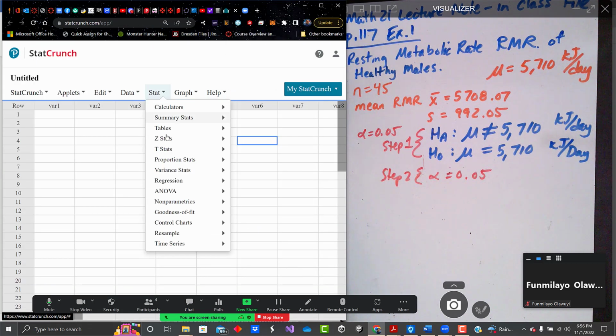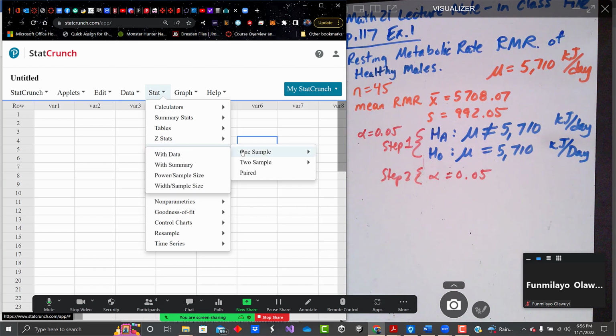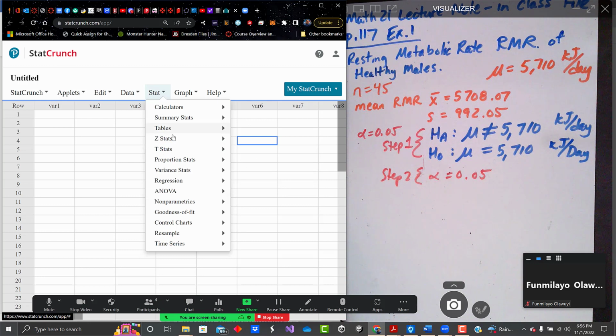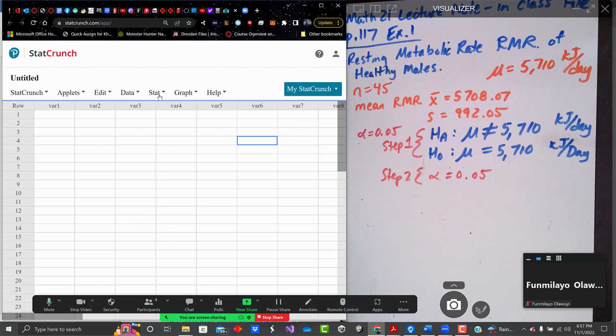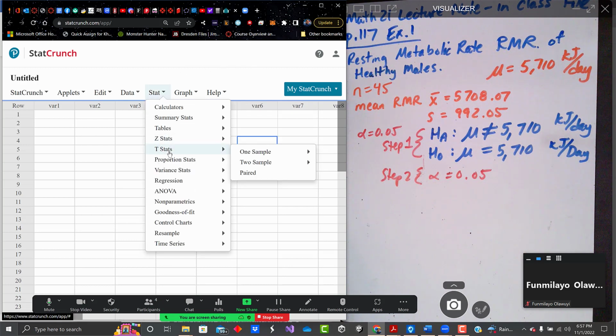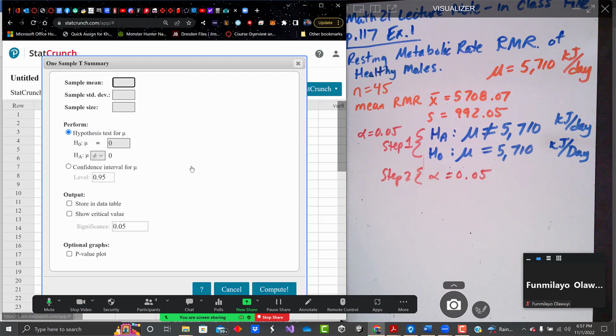And it's in stats, T-stats, one sample. We don't have data, we have summary. So I'm going to use summary. Stats, T-stats, one sample with summary.